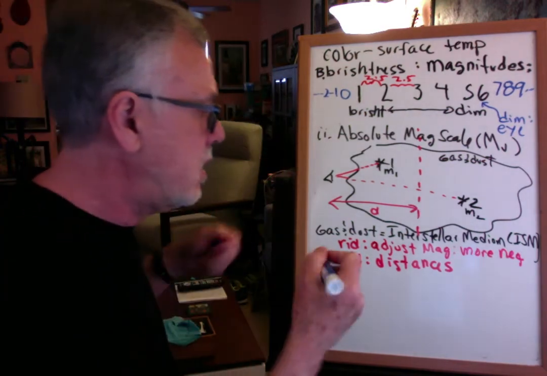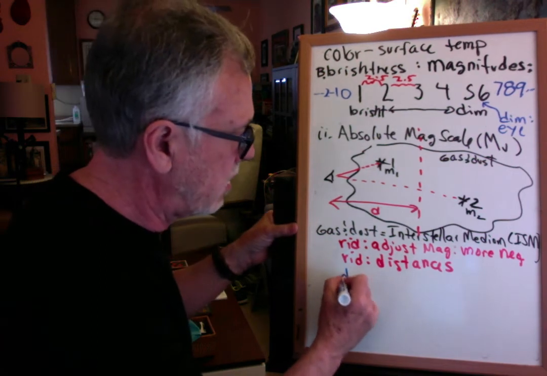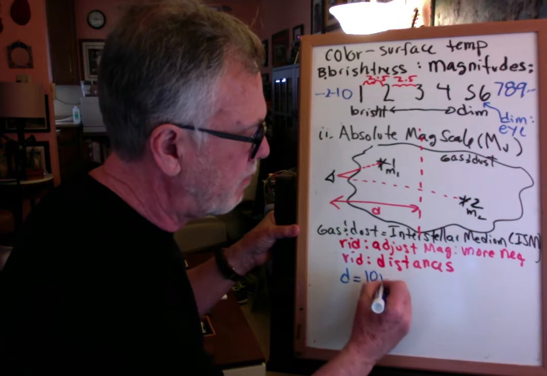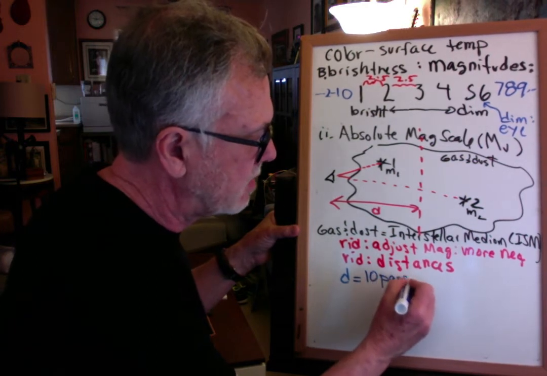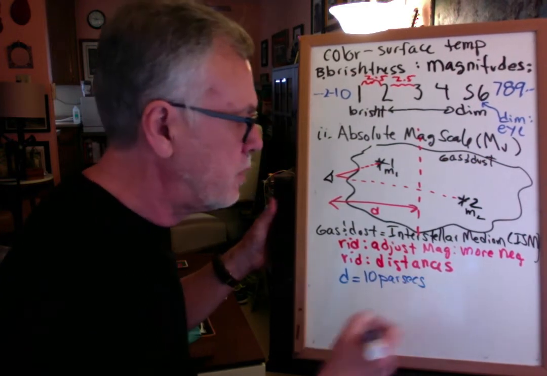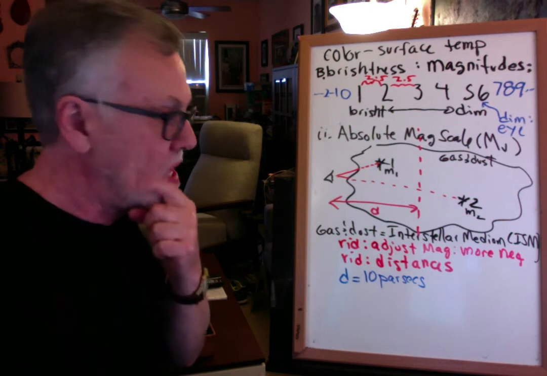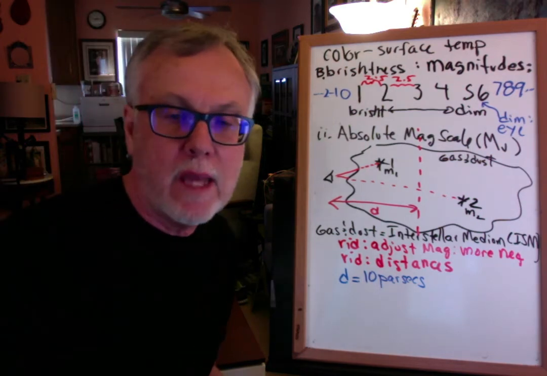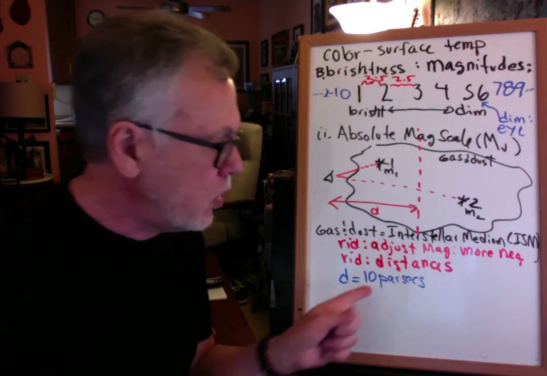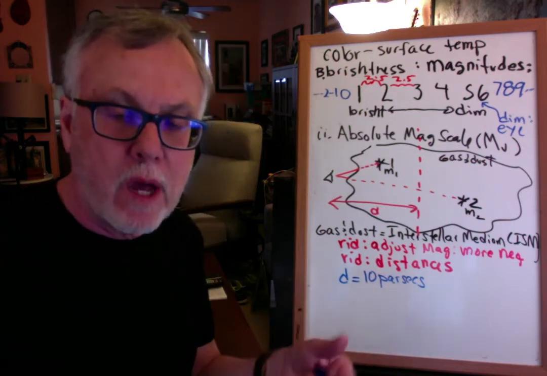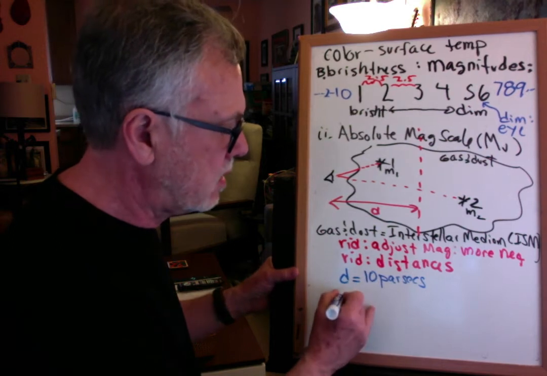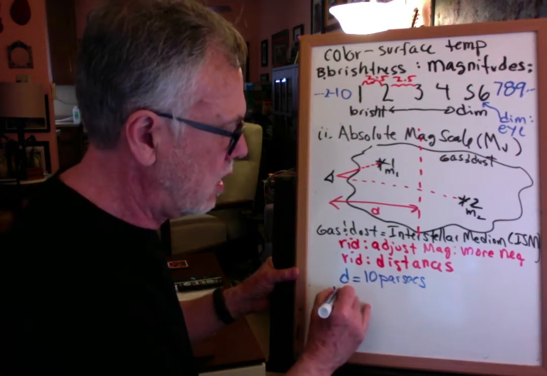And so that distance we assign things to is something called 10 parsecs. Let me explain what a parsec is. We have to kind of do a little dance and waltz of definition here. To understand this, I first have to define a different distance. And so that distance is 1 light year.